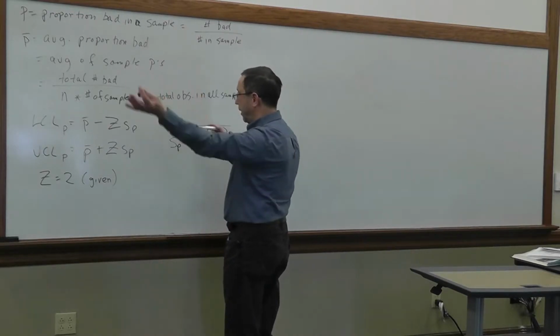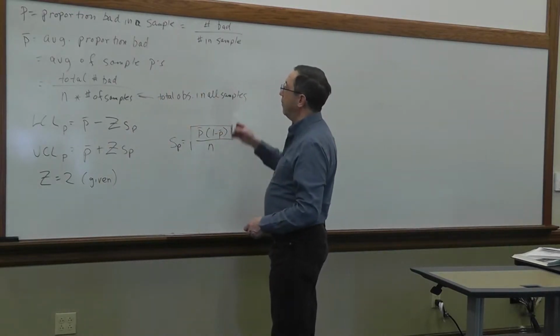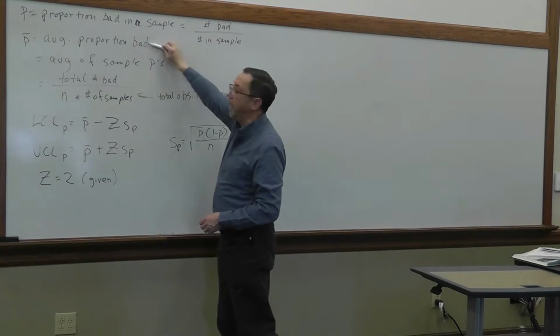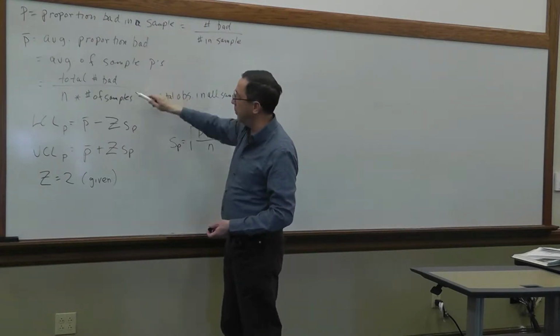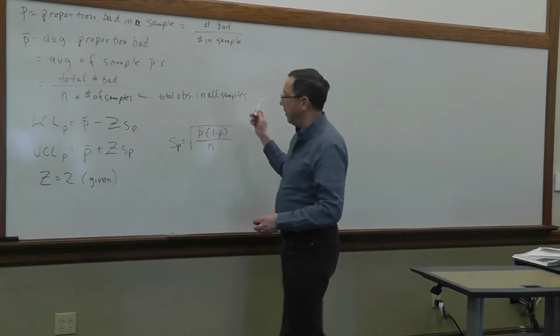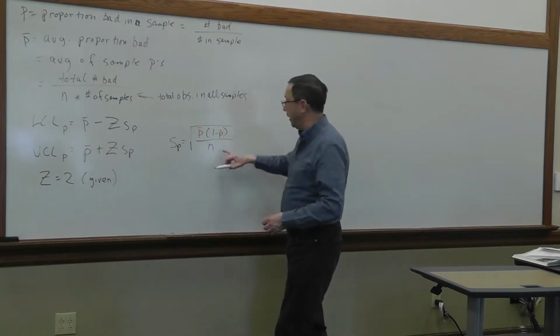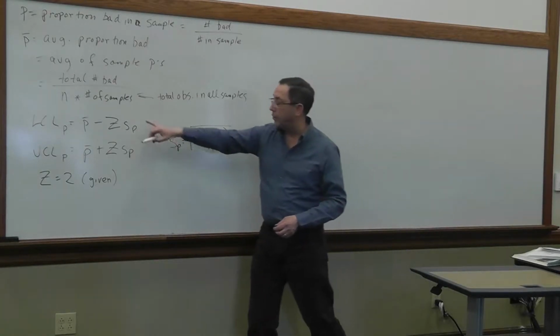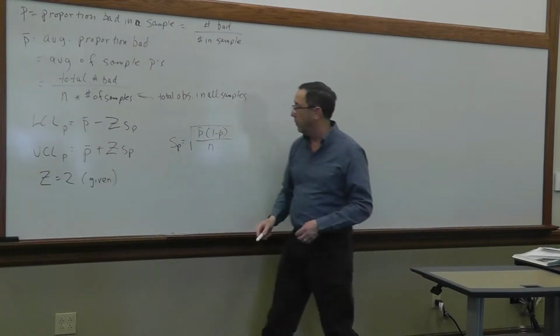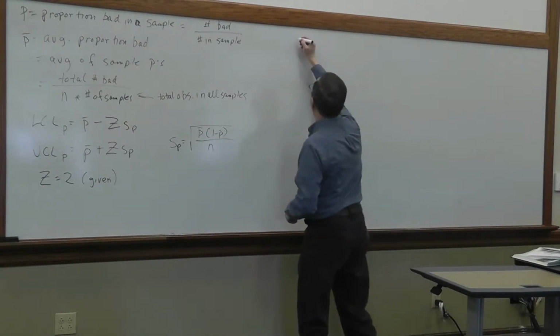Boy, I got all the stuff that I need. So first I've got to calculate my center line, p bar. It's going to be pretty straightforward to do from the summary data. We'll use this formula here. Then I'll need to calculate S sub p, that standard deviation number, before I can do the control limits, because I need it over here. So let's work on that.